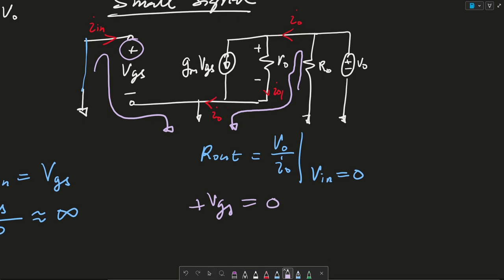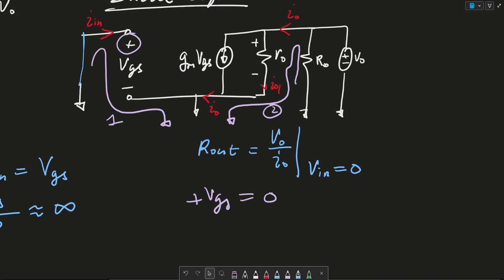And then loop 2, we can say that if we do a KCL, IO is equal to GM VGS plus IO1.